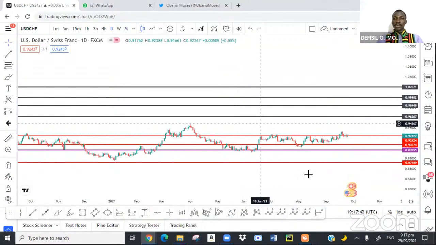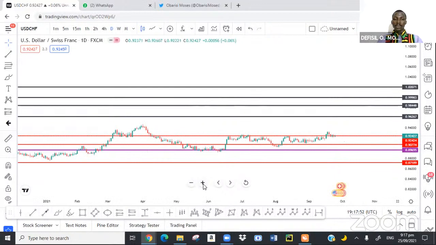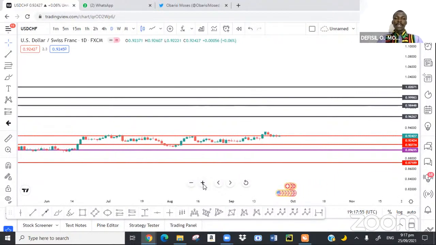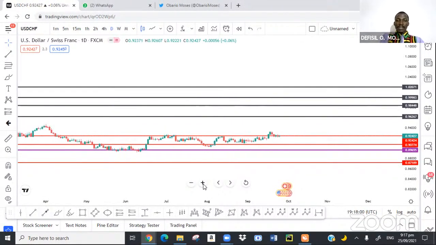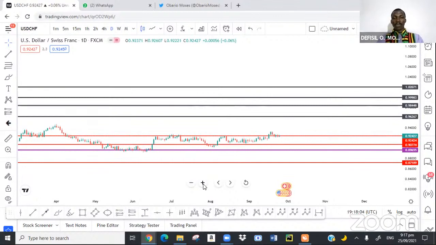All right, I was on USD CHF before that. I said on the daily time frame, this market is moving upward, but it has some element of pullback or strong rejection at the moment.